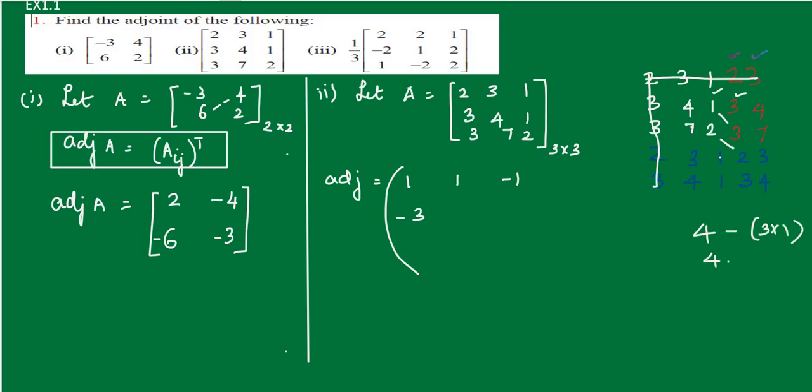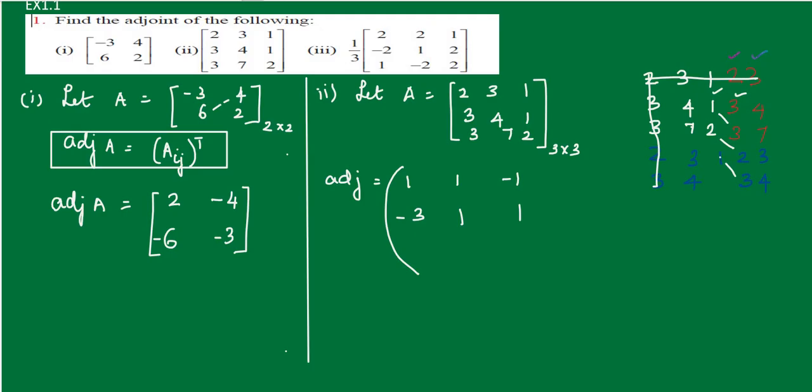So 4 minus 3, we get 1. Next, 1 into 3 is 3, minus 1 into 2 is 2. So 3 minus 2 is again equal to 1. So we have calculated the next two columns, operated column wise and written it row wise.